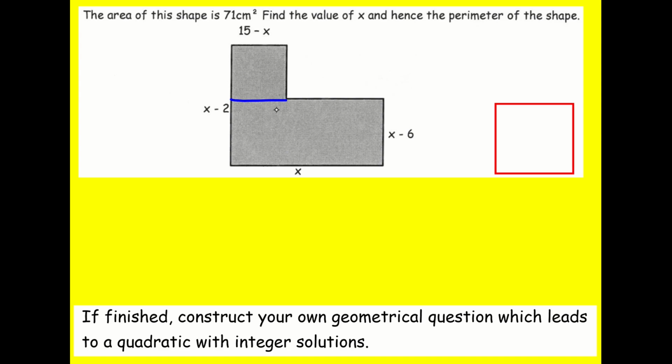That immediately gives me this blue area as x times x minus 6. Then I need to work out what this length is.